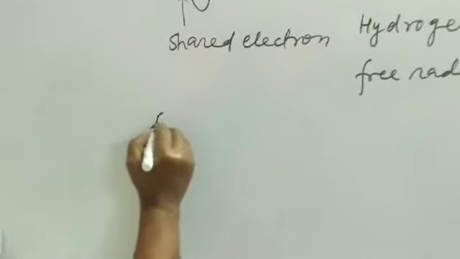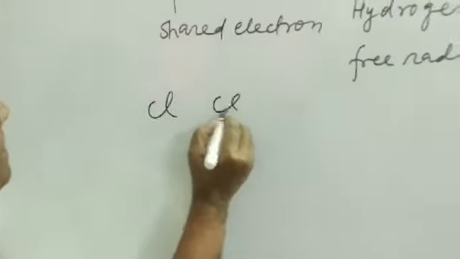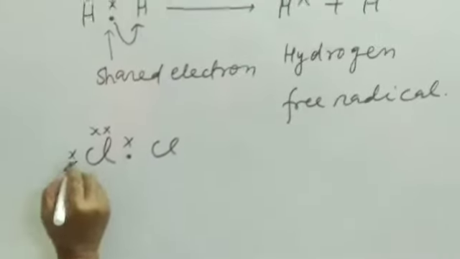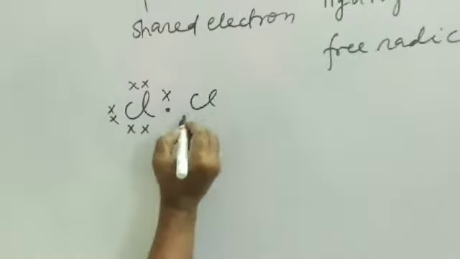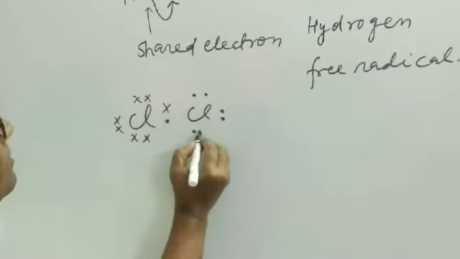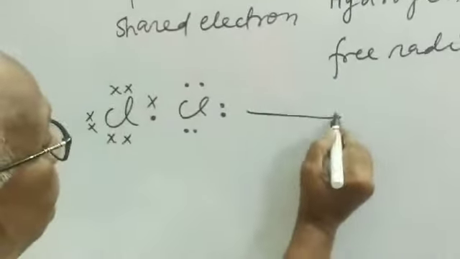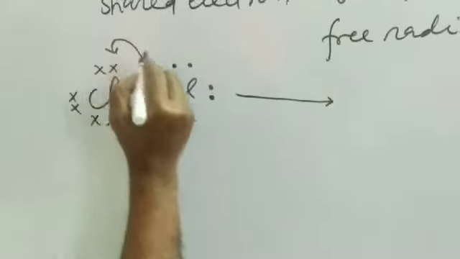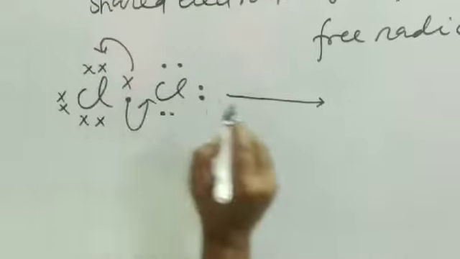Similarly, see the chlorine molecule. This cross represents the electron of this Cl and the dot represents the electron of this Cl. When breaking takes place, this comes over here and this goes over here.